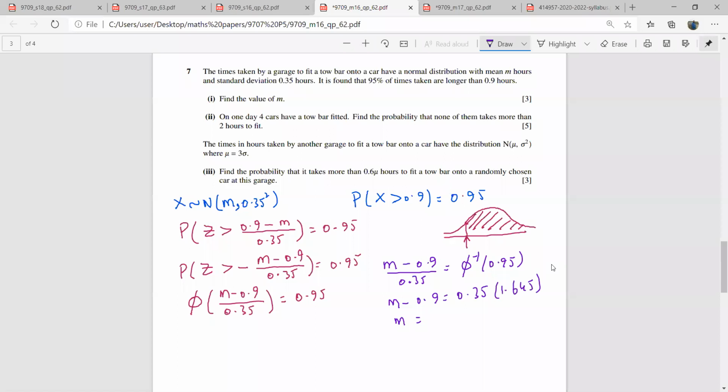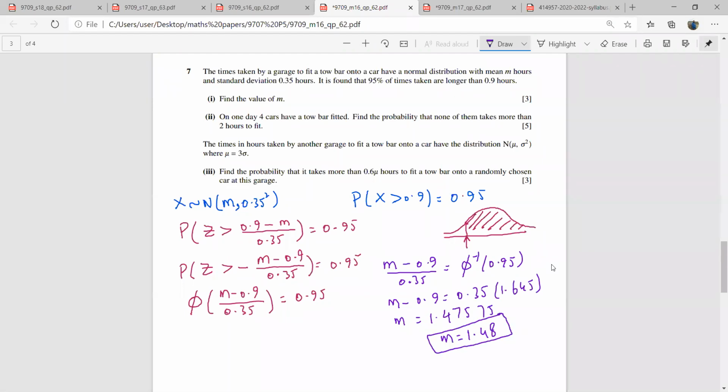So this m is going to be 1.47575, and for the sake of the answer, this is going to be 1.48. That is the m we have right now.